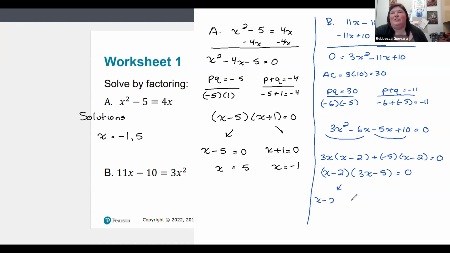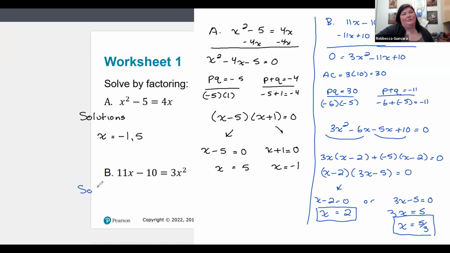So either x minus 2 equals 0, or 3x minus 5 equals 0. So we get either x is equal to 2, or x is going to be equal to 5 over 3.